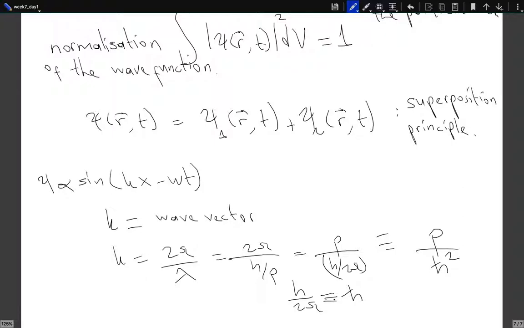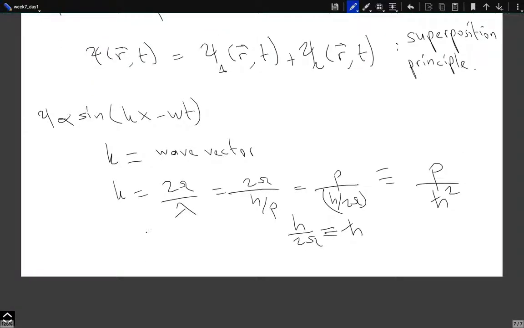That's the definition. And omega is the frequency. It's 2 pi times nu, or 2 pi over T, or 2 pi E over h, or E over h bar, whichever one you prefer.